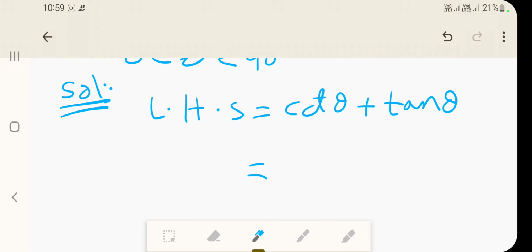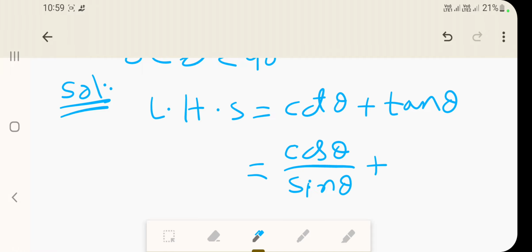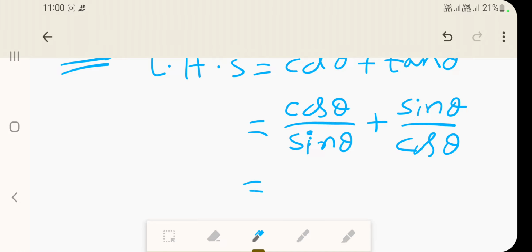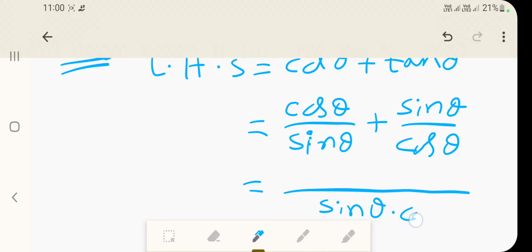And I think if you remember, as we have seen in earlier videos, cot theta is nothing but cos theta divided by sin theta. Similarly, tan theta is nothing but sin theta by cos theta. So if you take the LCM here, we get sin theta into cos theta.